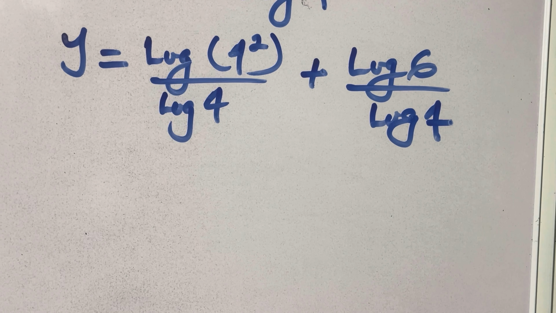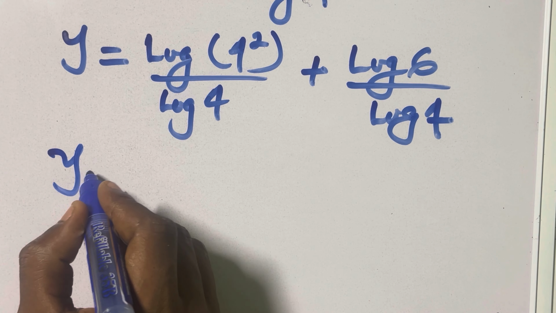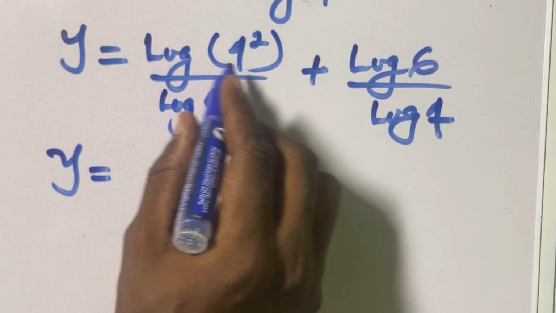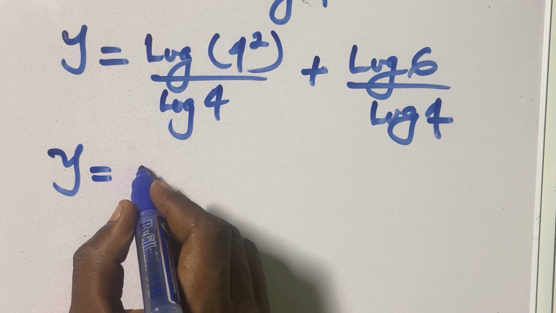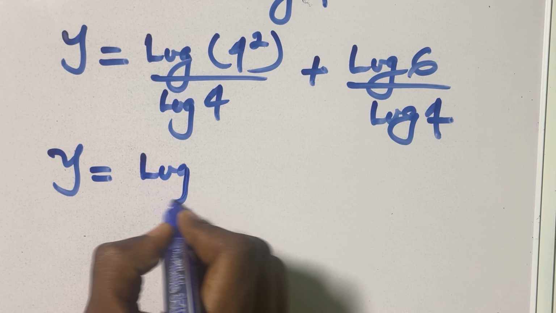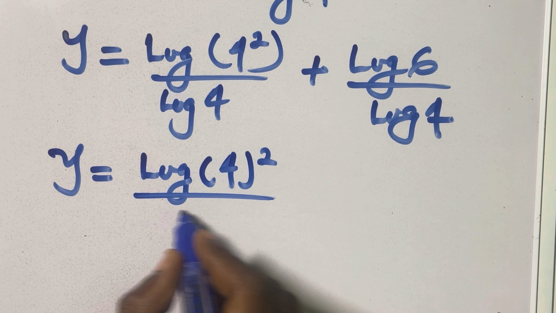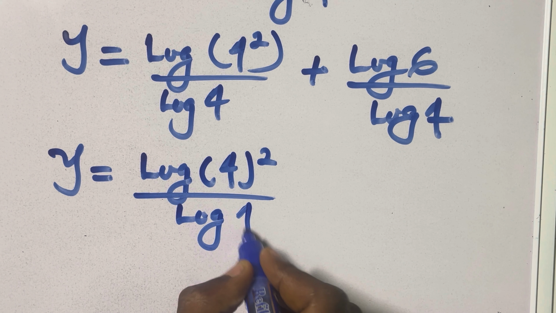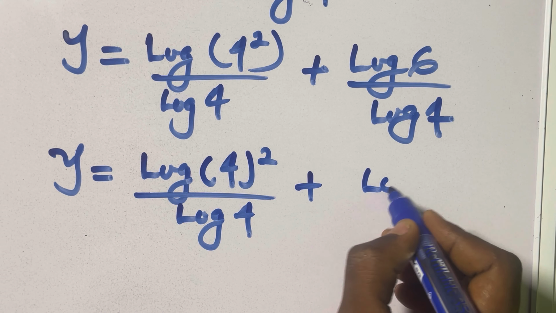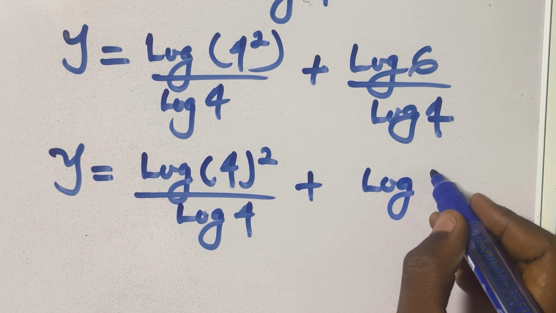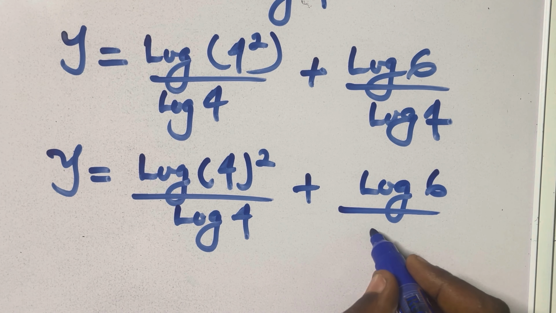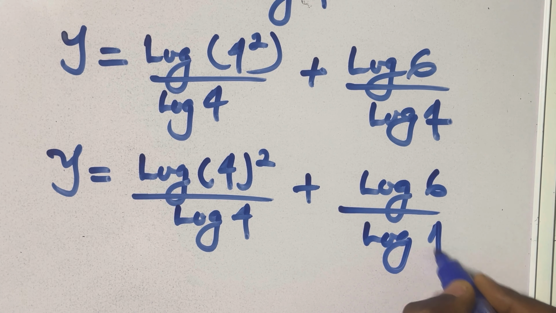All right, then y will be equals, if you apply the property of logarithm here, we are going to have log 4 raised to power 2 divided by log 4 plus log 6 divided by log 4.